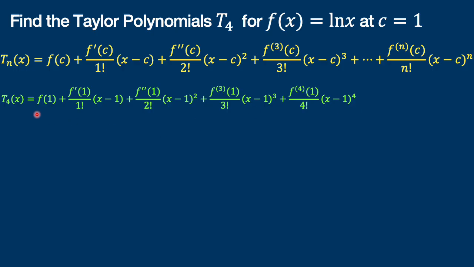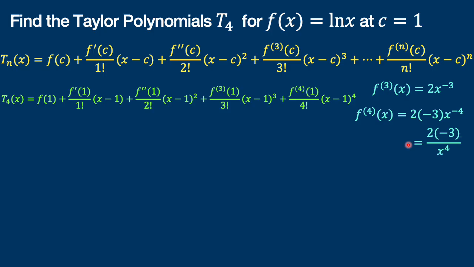We already know the coefficients until the third derivative at 1. So we need to find the fourth derivative. The third derivative of x is 2 x to the negative 3. Taking a derivative means 2 times negative 3 x to the negative 4. When you plug in 1, the fourth derivative at 1 is going to be negative 2 times 3.